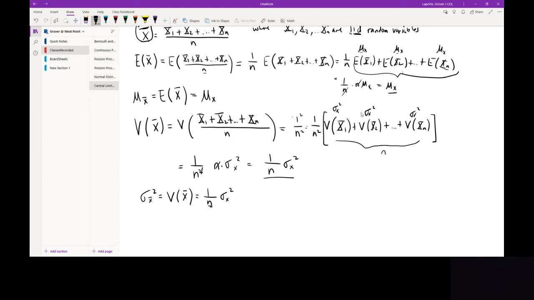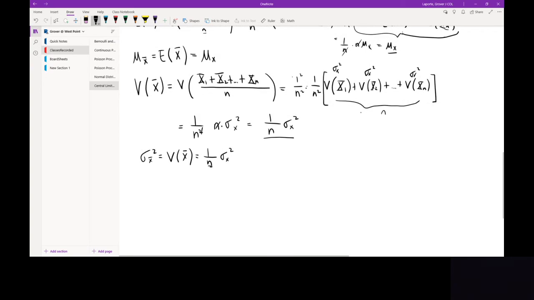Let's go ahead and state the two. Actually, there's one more thing I want to say. Sigma x bar is equal to sigma x, the underlying distribution, divided by the square root of n. If you took the square root of both sides, you would get sigma x over the square root of n. It's worth stating again that mu x bar is equal to mu x, the underlying distribution.